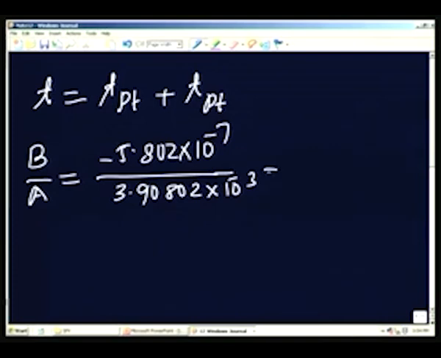This gives you a value of 1.485 into 10 to the power of minus 4. I will write it as 1.485 divided by 100 squared.